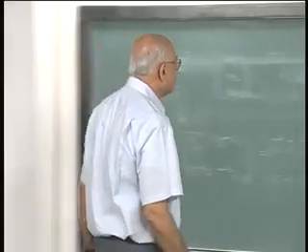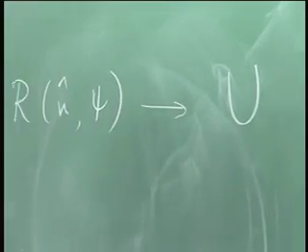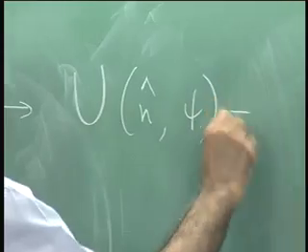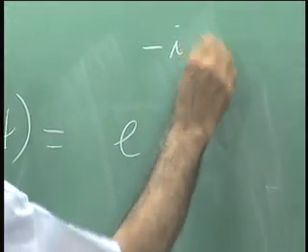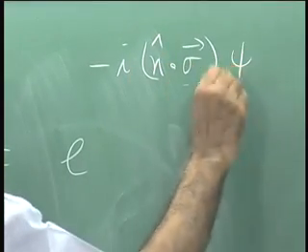Instead of this, you represent it by a unitary matrix U, again parameterized by n and psi, which happens to be e to the minus i n dot sigma psi over 2.